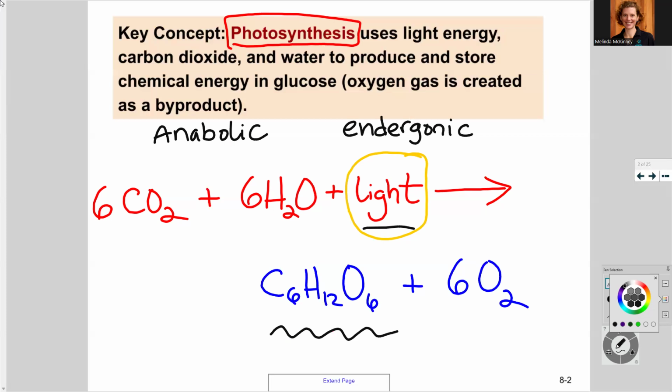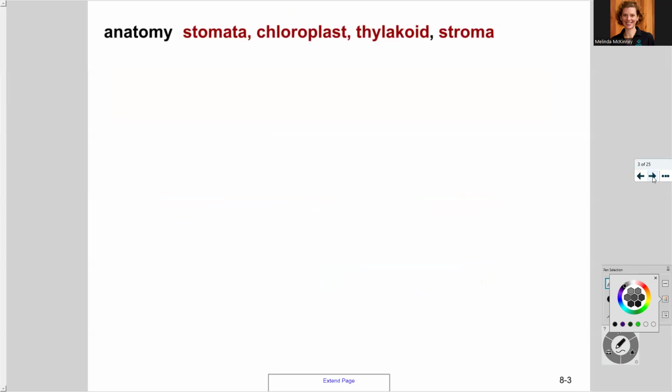And let's just go forward to some basic anatomy. We're going to really consider the case of plants. Photosynthesis does occur in cyanobacteria. Most of the photosynthesis is in algae or cyanobacteria in the ocean. They're single-celled organisms.